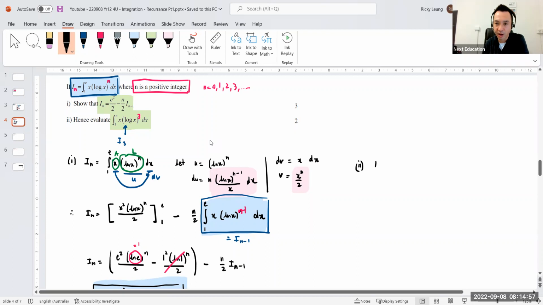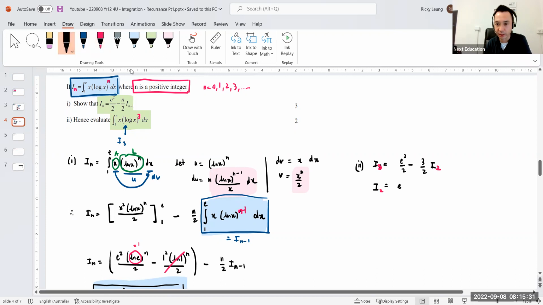Now I_3 is what they want. So I_3 using the recurrence equals e squared on 2 minus 3 on 2 I_2, subbing n equals 3 into the recurrence formula. This depends on I_2, so I'm going to derive the formula for I_2.